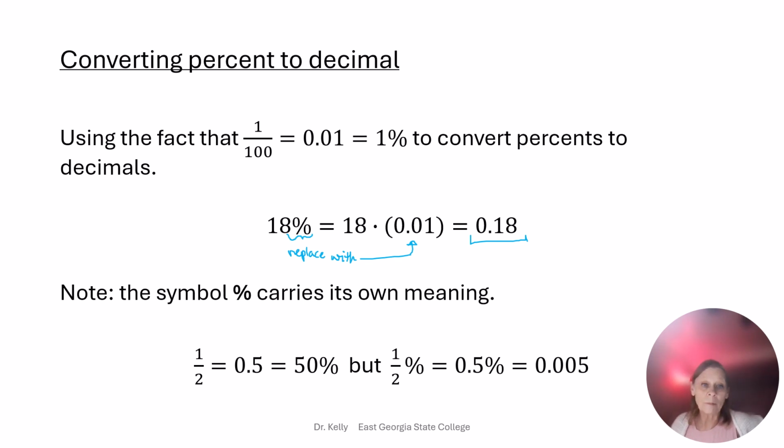Now I want to make note here that it's pretty important that your students understand that the percent sign on its own carries its own weight. It means that it's whatever the number is times 1 hundredth.